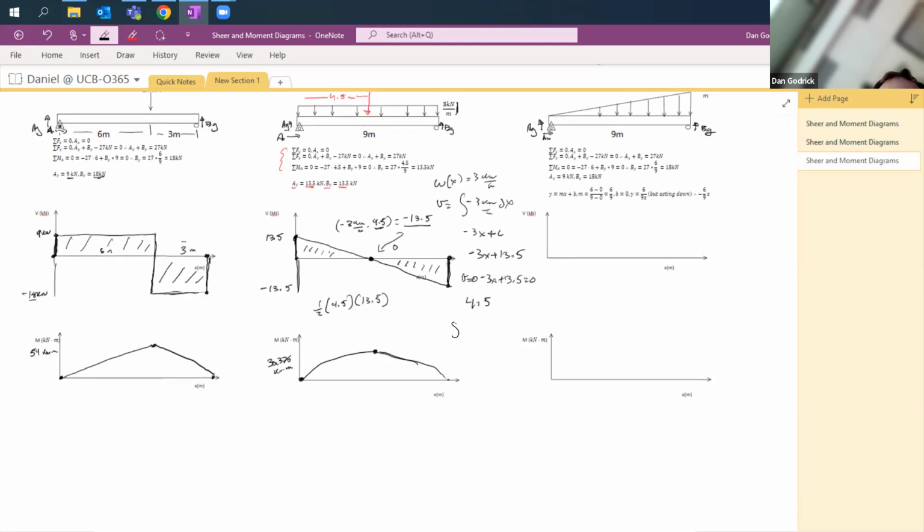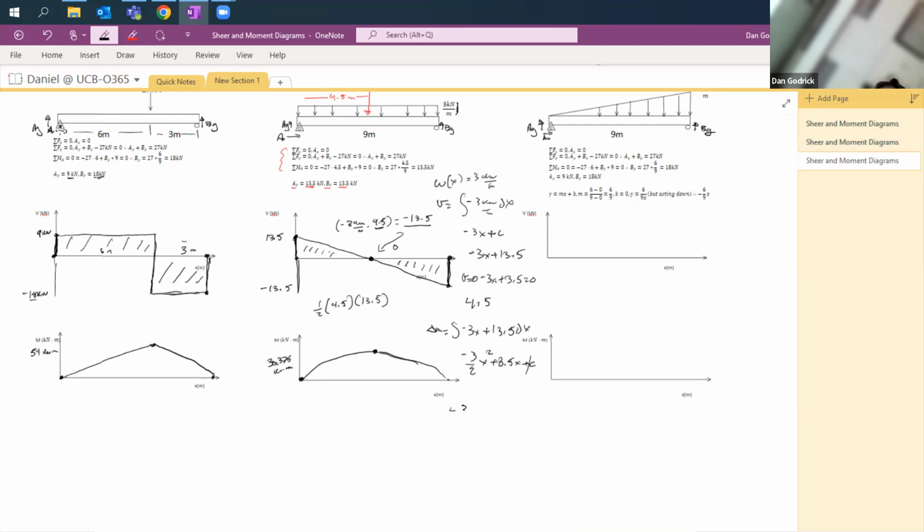We take the integral of shear, the integral of minus 3x plus 13.5 dx, and we know that that's our change in moment. So that's minus 3/2 x squared plus 13.5 x plus c. Our moment starts at 0. So we want to check it. Is minus 3/2 x squared plus 13.5 x maximum at 4.5?